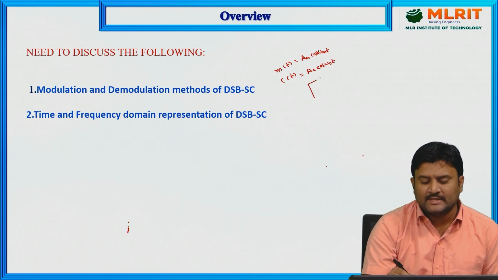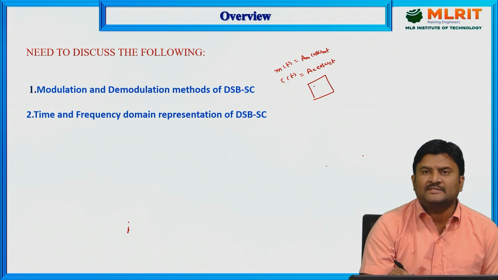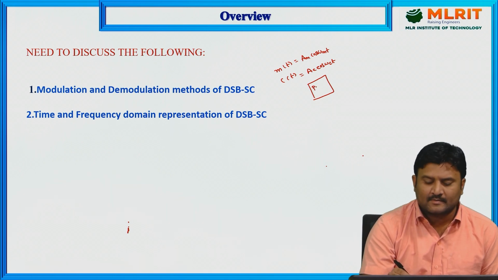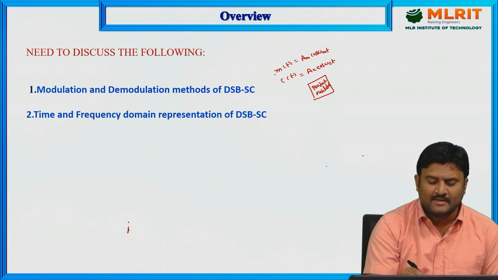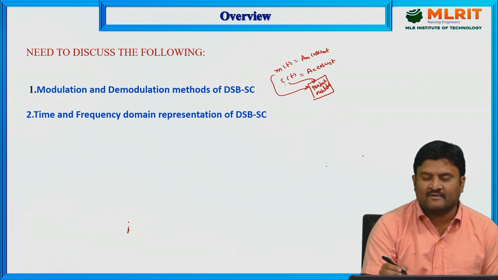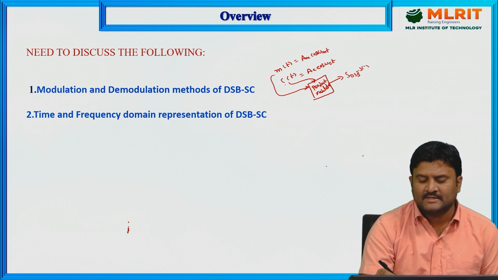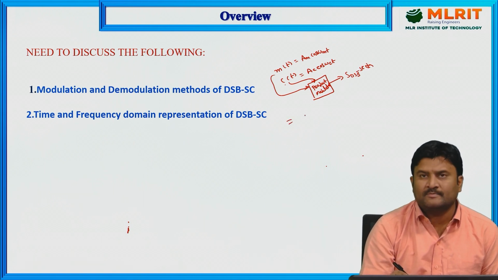These two signals are given to the DSB-SC modulator, a product modulator, and the output should be s(t) of DSB-SC. The equation should be observed here.